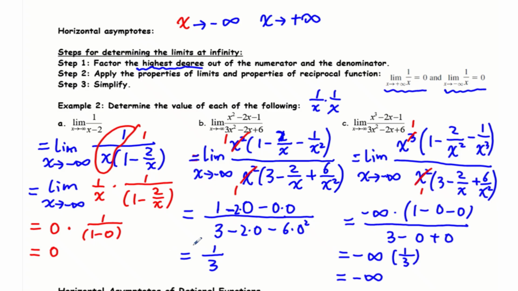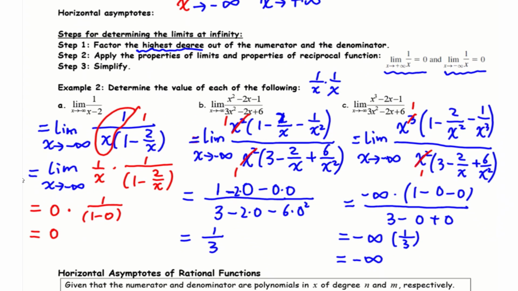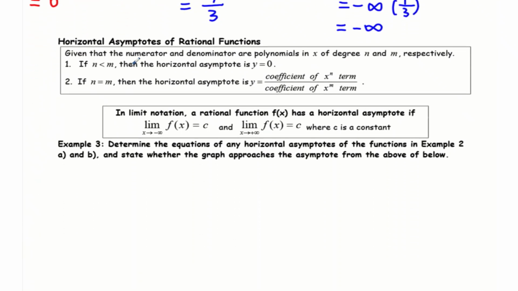So this is how we use the symbol infinity to find the limits for expressions. The next one, we are going to base on the properties of limits to find the horizontal asymptotes. Given that the numerator and the denominator are polynomials in terms of x, with degrees n and m respectively, when n is less than m, the horizontal asymptote is y equals 0.